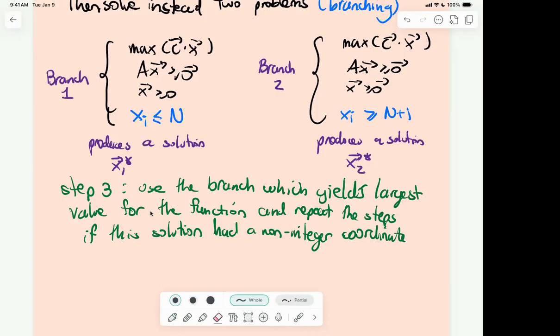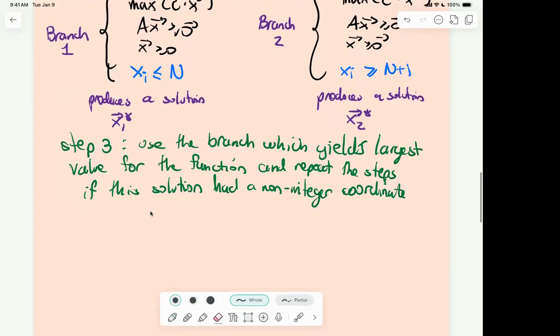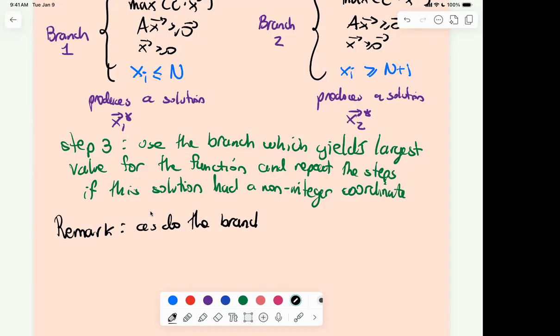Because remember, the idea is that in each branch, let me write this down. As you branch, the region that you're working with shrinks. And when you shrink the region, the max can only go down. I mean, it could stay the same, but it can never increase. So just as a remark, as you do the branches, the region shrinks.